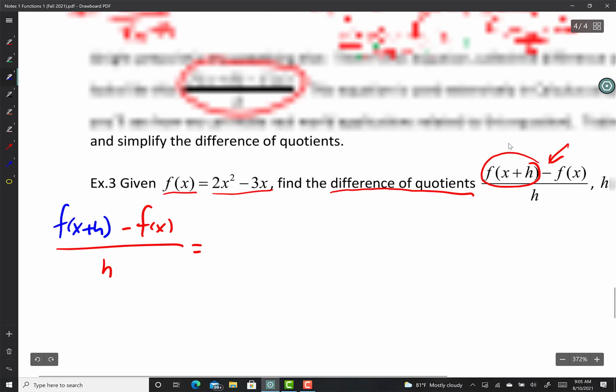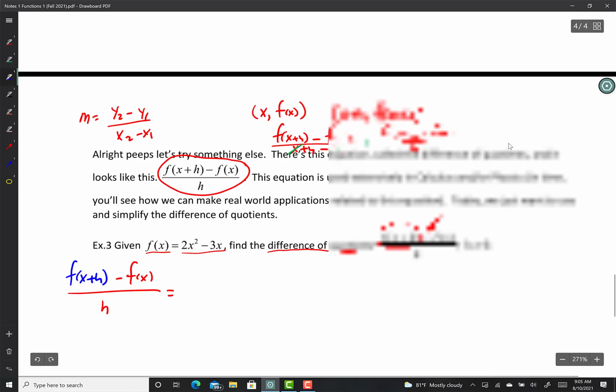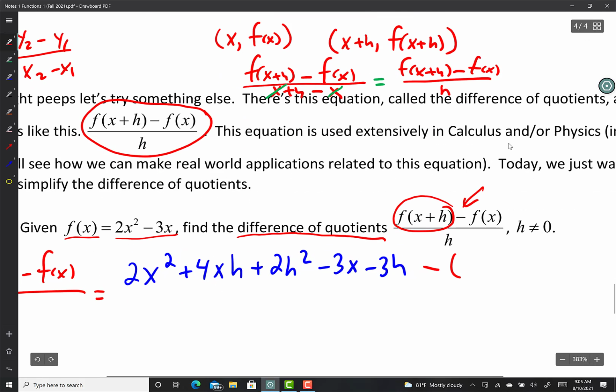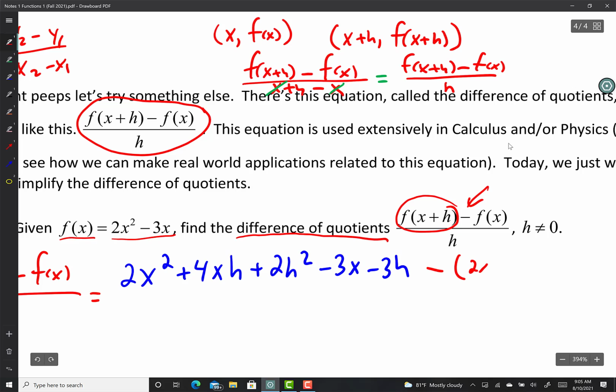I'm going to zoom out temporarily just so I can see what I wrote up there. 2x squared plus 4xh plus 2h squared minus 3x minus 3h minus, parenthesis, write your f of x, 2x squared minus 3x.